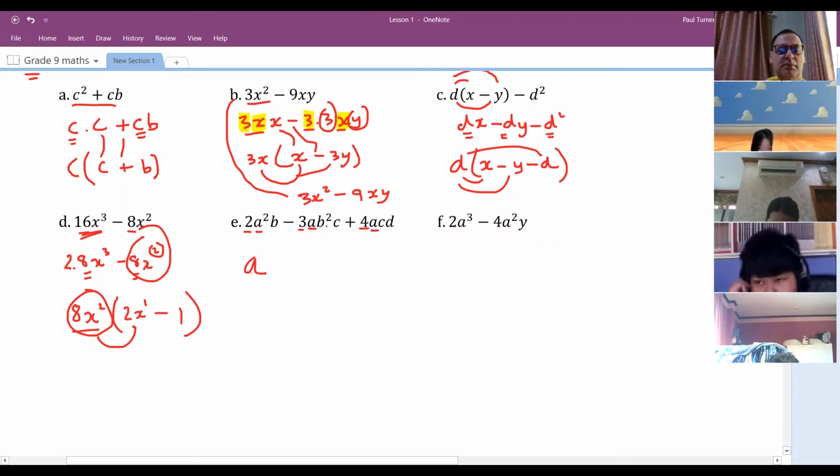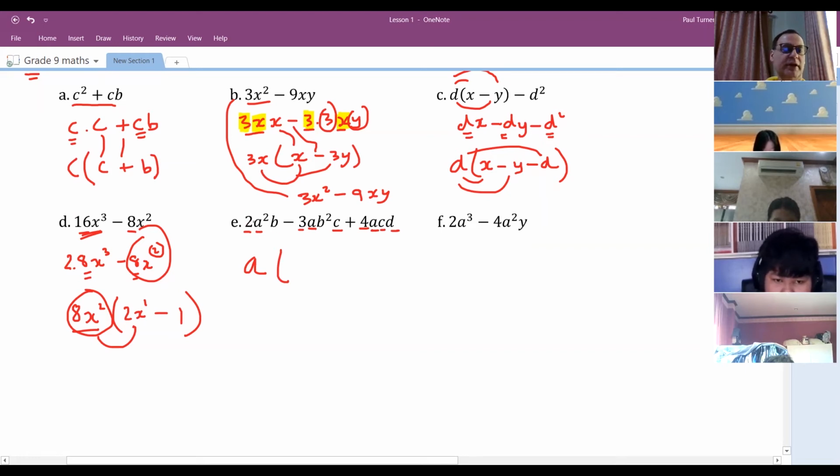B, but there's no b here. Okay, so b is not a common factor. And check for c. C, but here there is no c. So c is not common either. And d is only here. So d is not common. So the only common factor here is a.